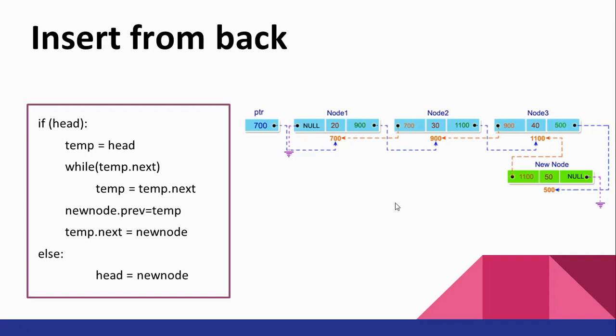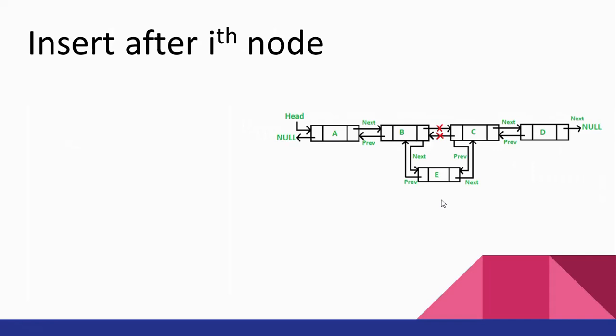Okay, so we have seen the insertion operations: inserting at the beginning, that is at the front, insertion at the end, and the third one is inserting an element after some ith node. That means after some particular node, we are going to insert a new node. How this insertion happens: as usual, we need to traverse the list from the head node.